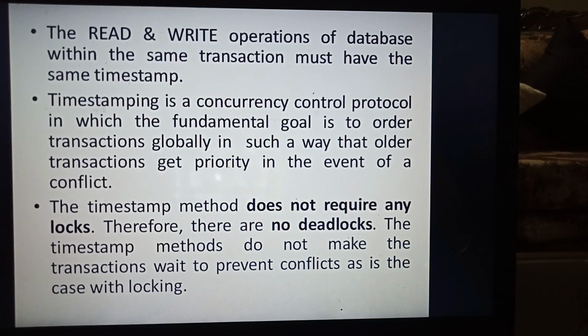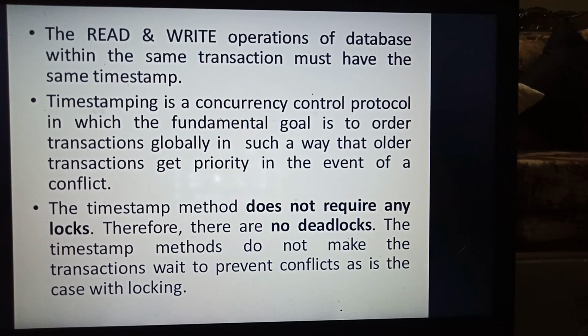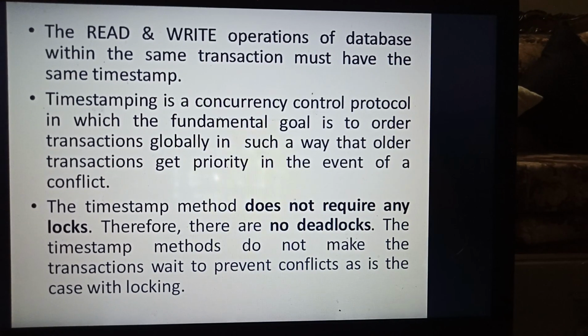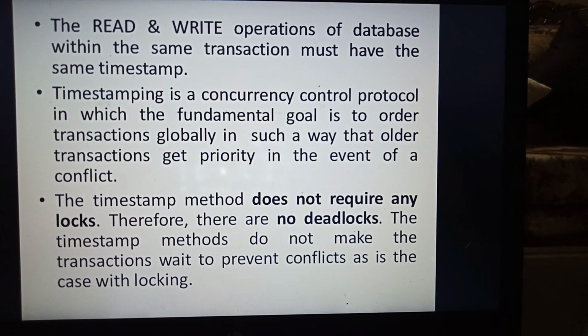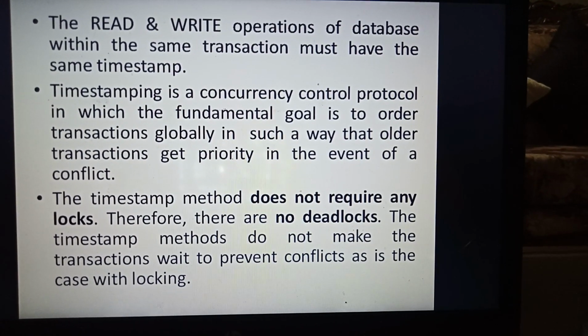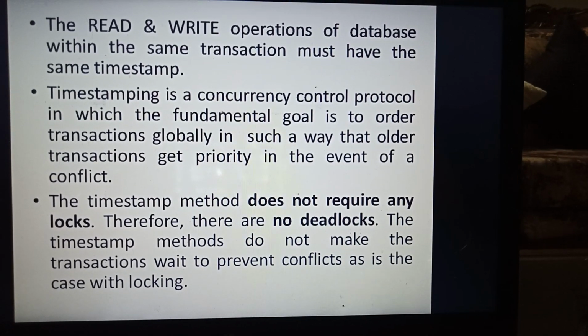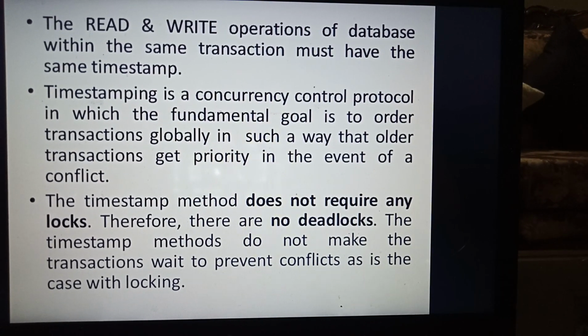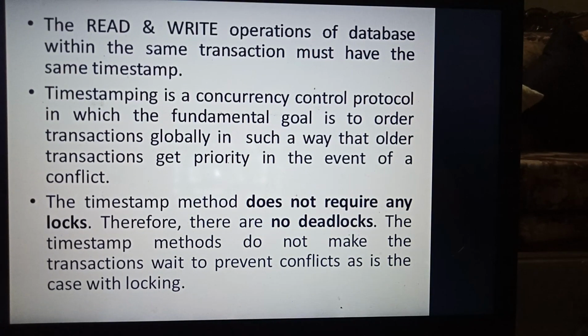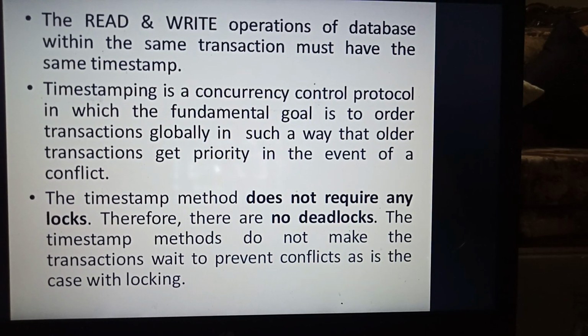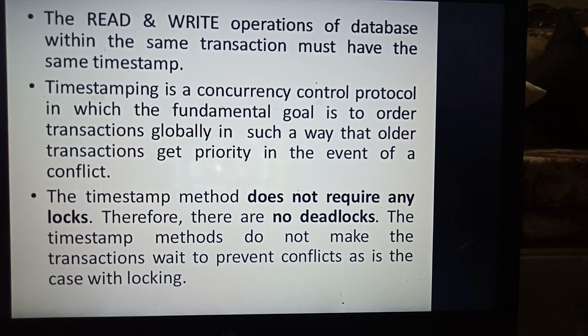Timestamping is a concurrency control protocol in which the fundamental goal is to order transactions globally in such a way that older transactions get priority in the event of conflict. So if we use the timestamping method, then in case of conflict we can give priority to older transactions.